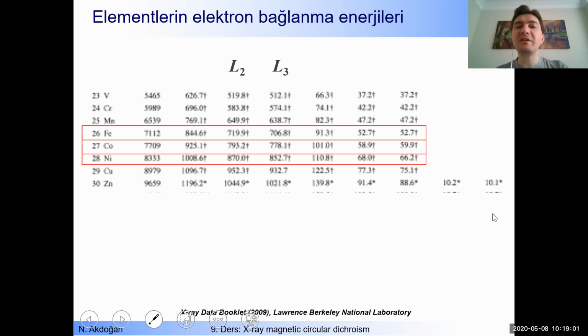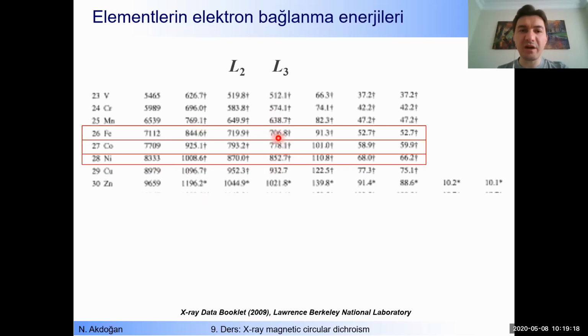So what about the electron binding energies? As we discussed in the XRMS lecture, we have different binding energies for iron, for cobalt, for nickel. Actually, for all elements in the periodic table, we have different binding energies.